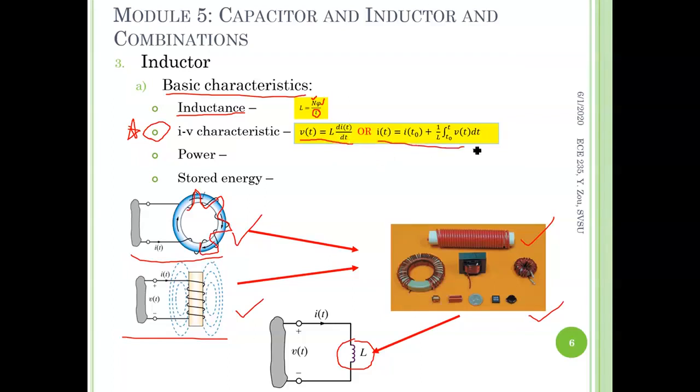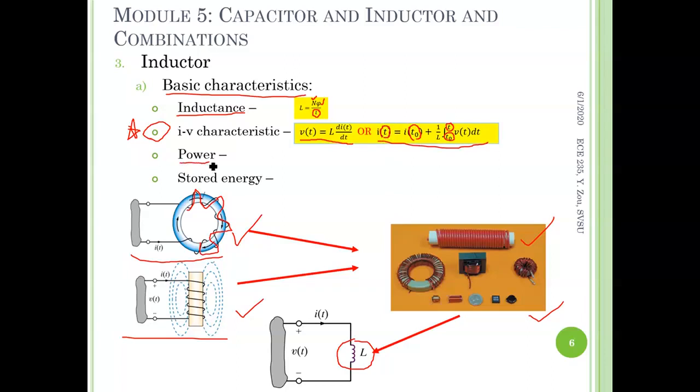Or the other way around, the current through it is equal to the initial current plus 1 over inductance times the integral of the voltage across it. The integral has a lower time limit, which is the initial time moment, while the upper time limit is the time moment you're looking for this current at.